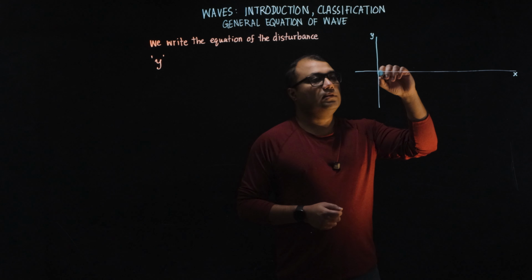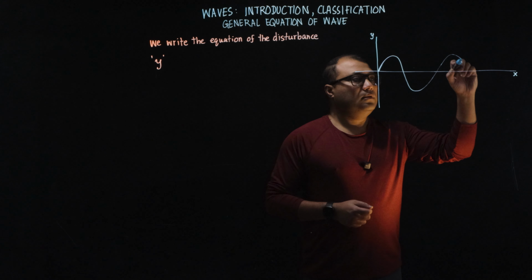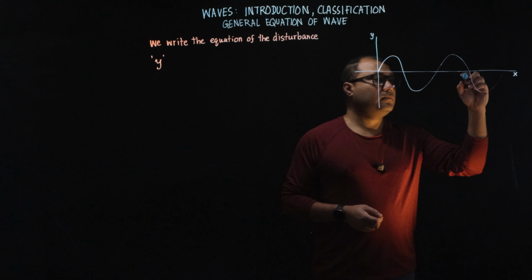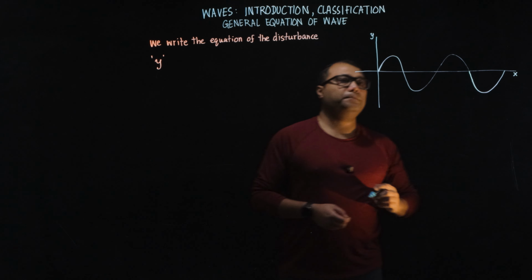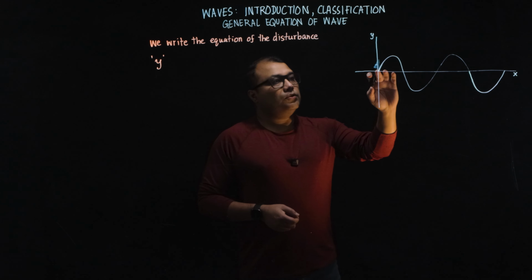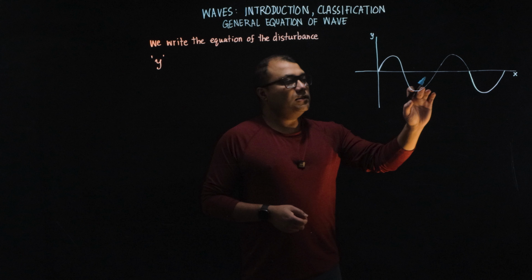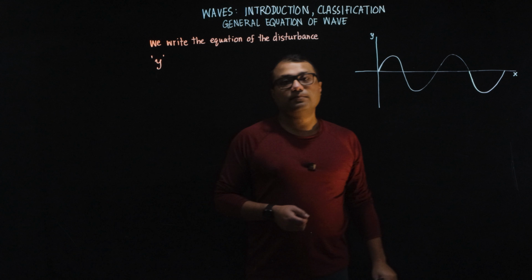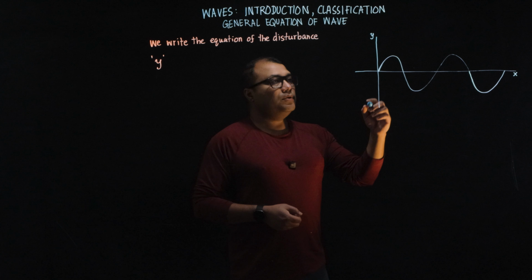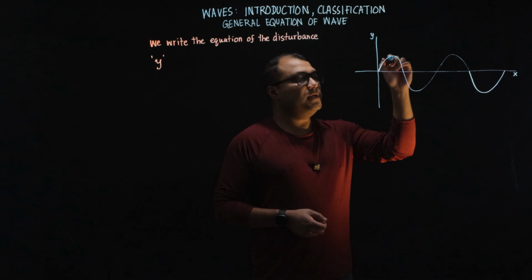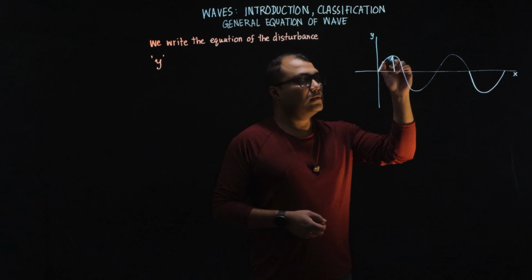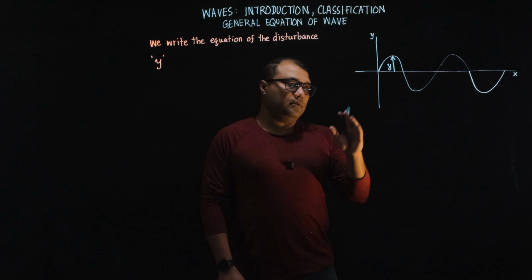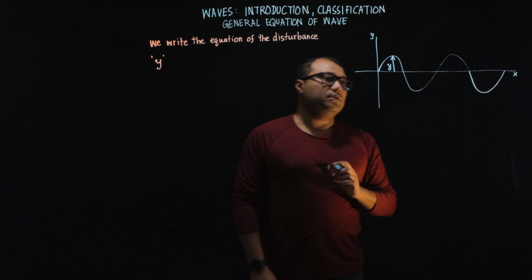So let's say the string is like this. If we look closely, the particles on the string have a displacement from the mean position. Our goal is to find the displacement, which is y, from the mean position at any point on the string.